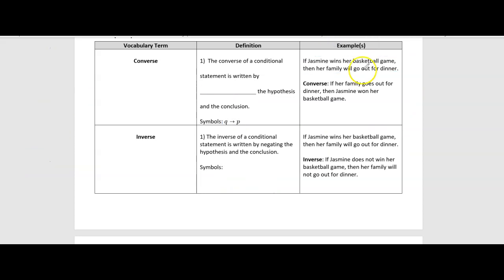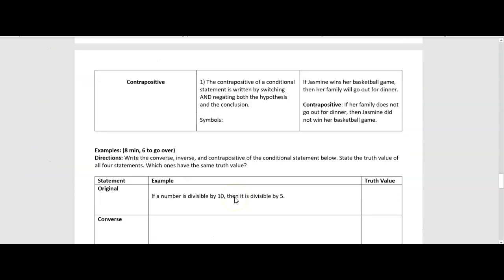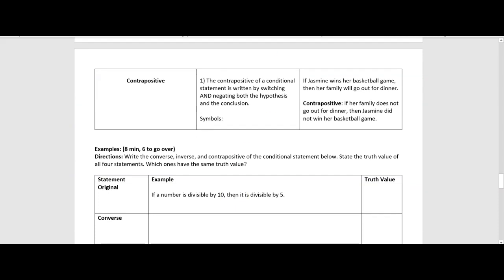Okay, let's look at the contrapositive. The contrapositive of a conditional statement is written by switching and negating both the hypothesis and the conclusion. So it's a mix of the converse and the inverse.